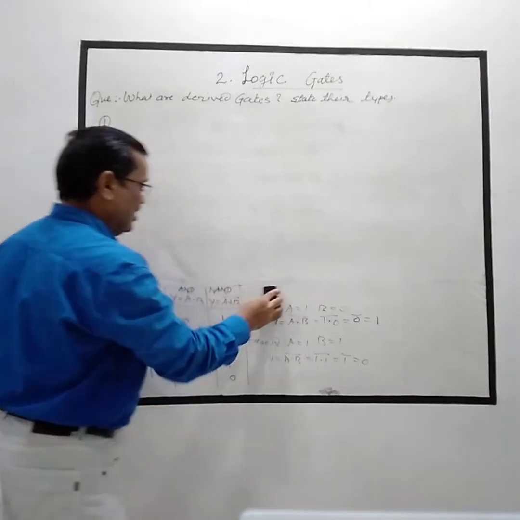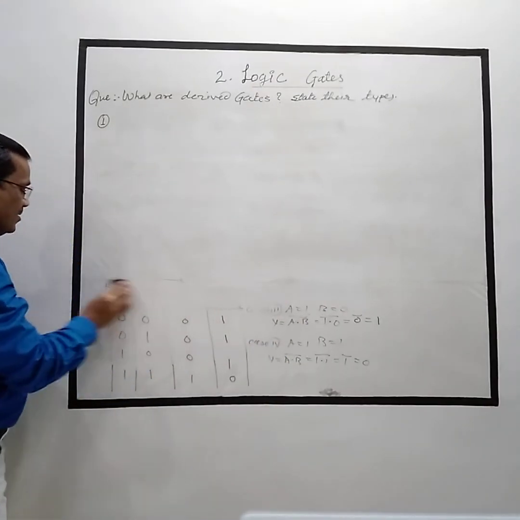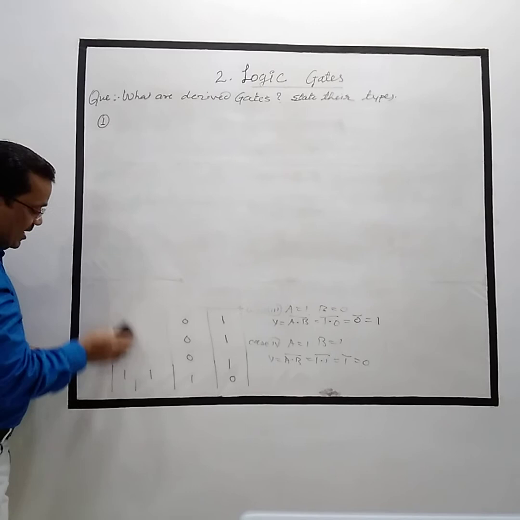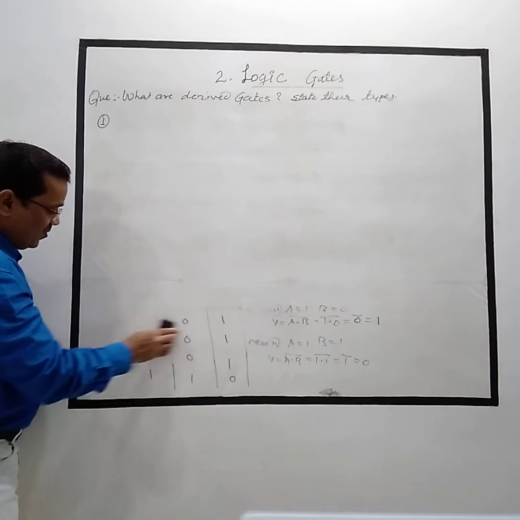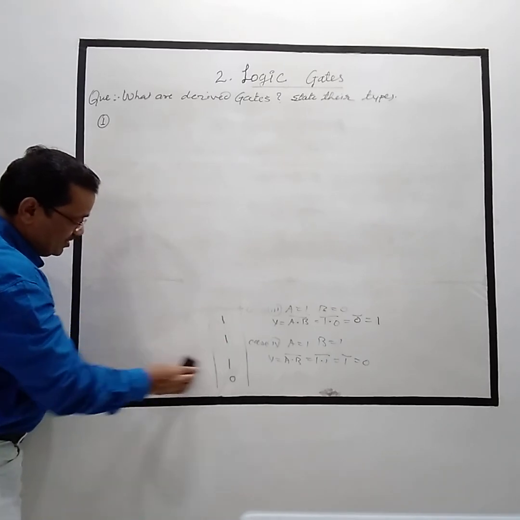That means in the truth table of the OR gate, there are 4 different possible combinations.